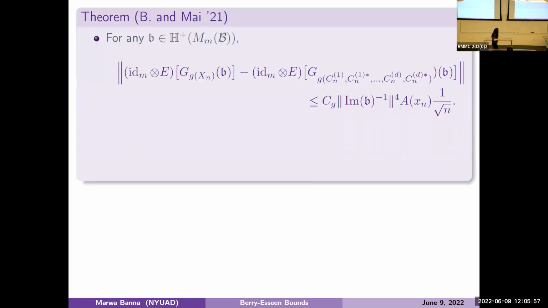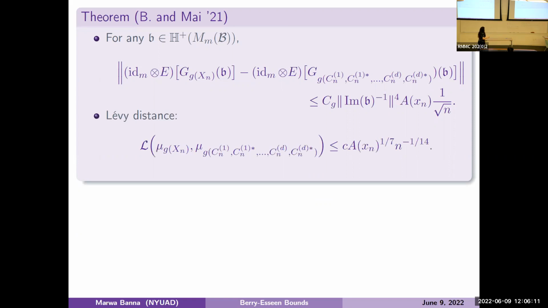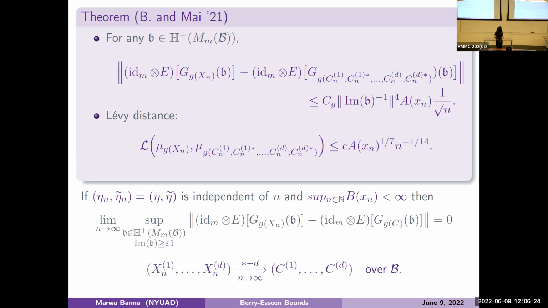We apply our theorem and we prove that, again, we have this 1 over square root of n, but of course here we have a constant C that depends on the linear pencil, on these matrices Q. And in a similar way, we can obtain quantitative upper bounds on the level of the Levy distance. So we just go from the multivariate setting to the one variable setting this way, and the results follow directly.